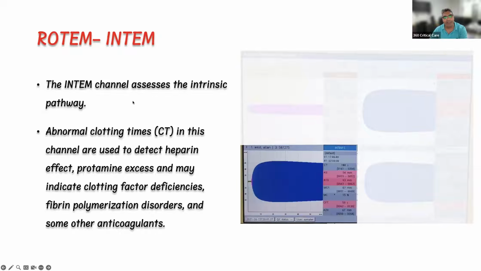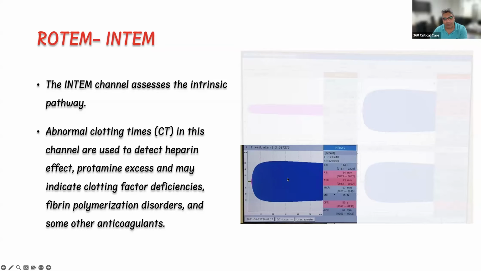INTEM, the INTEM channel assesses the intrinsic pathway. So abnormal clotting times in this channel are used to detect heparin effect, like APTT, a similar type of thing. So if there is abnormality here, it is because of heparin effect, or it can also be used to look at protamine excess.